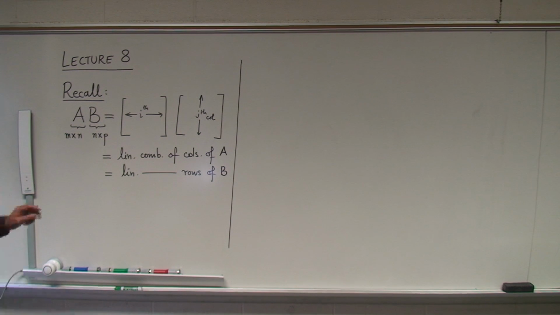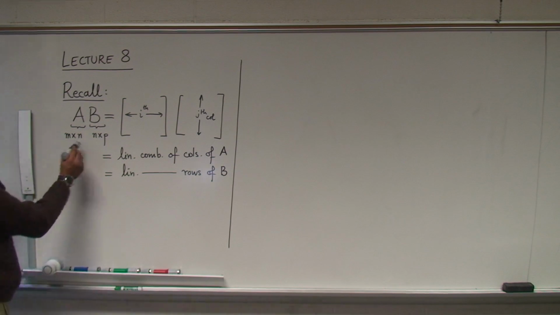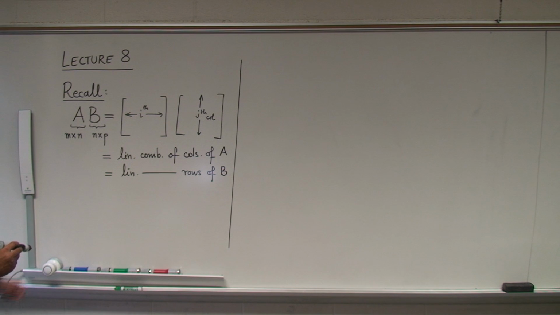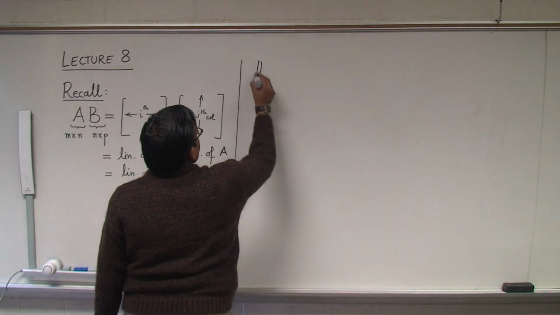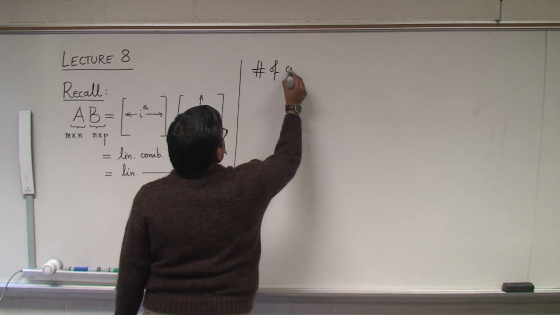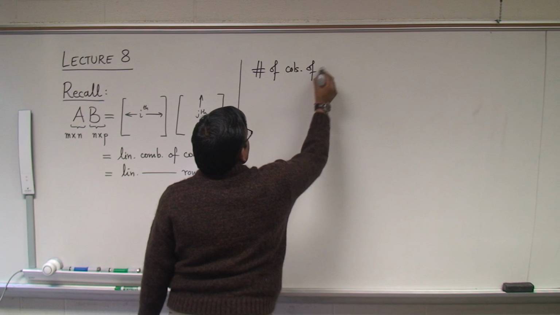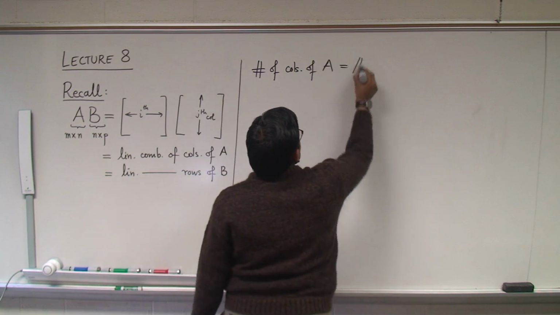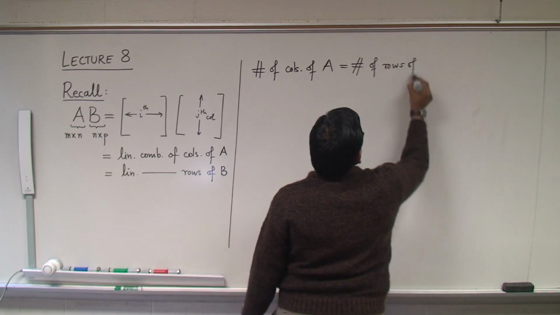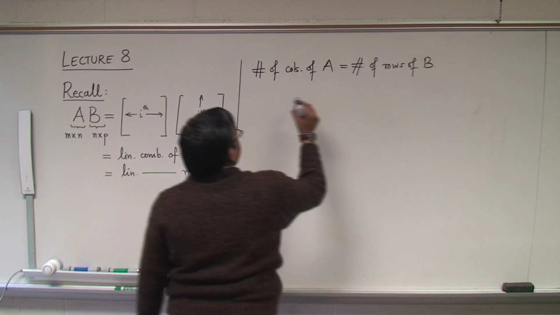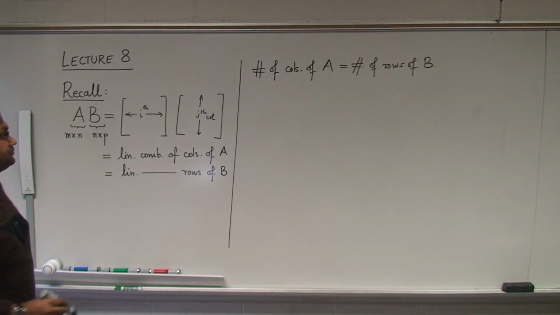So the first restriction was that if I have a matrix A of size m by n and a matrix B of size n by p, the number of columns of A must match the number of rows of B for the matrix multiplication A times B to be defined.